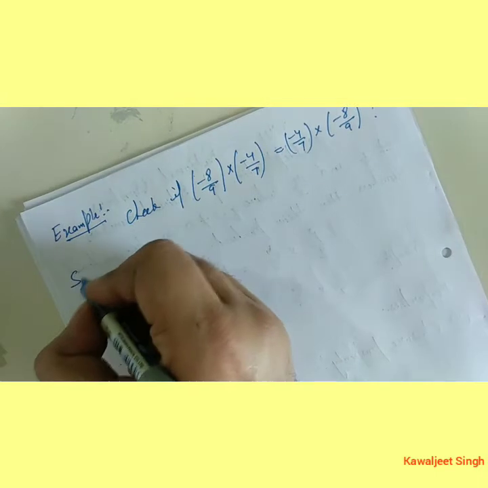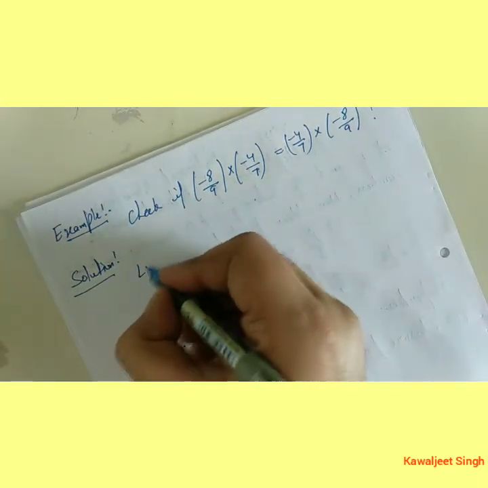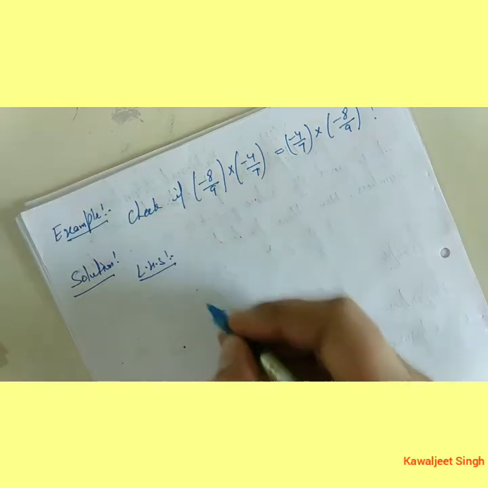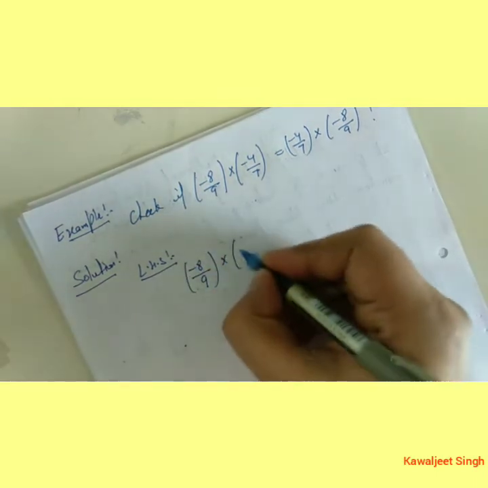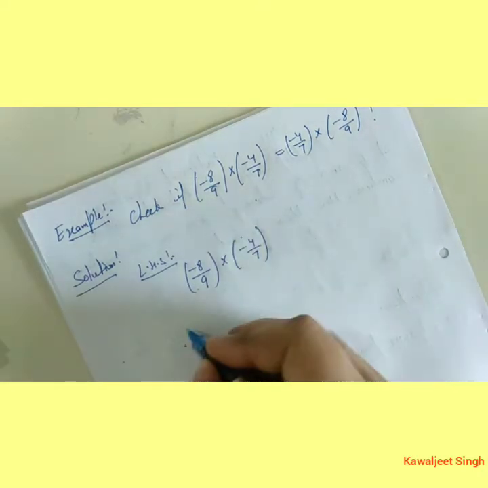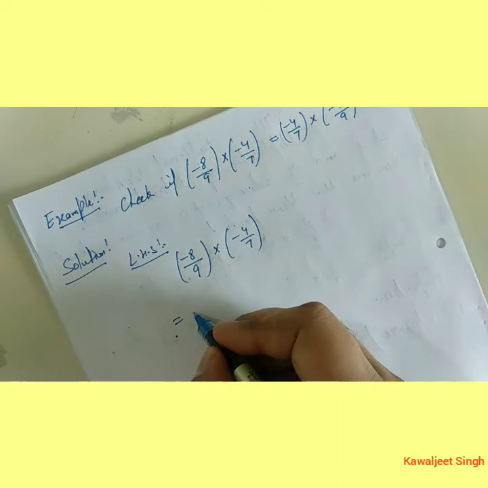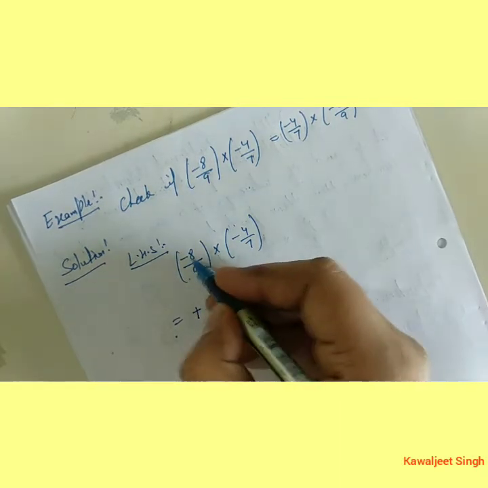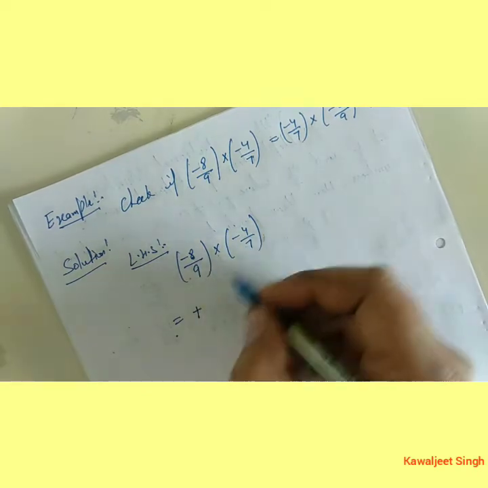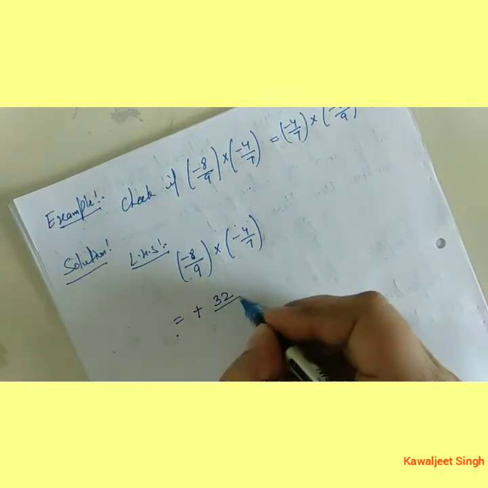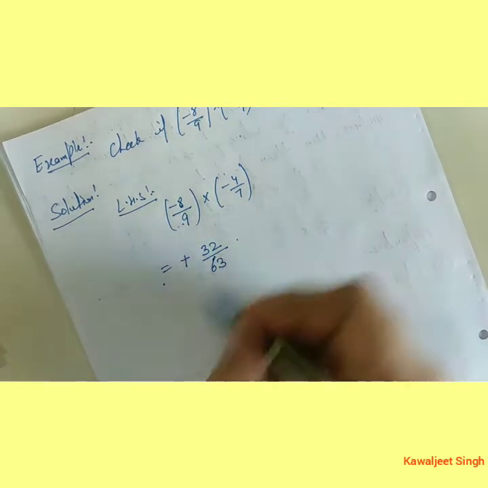For this solution, first of all take the left hand side. Left hand side is minus 8 by 9 multiplied by minus 4 by 7. Now under multiplication we know that minus minus becomes plus, and both numerators multiply with each other, 8 4s are 32, and both denominators multiply to each other, 9 7s are 63 here.